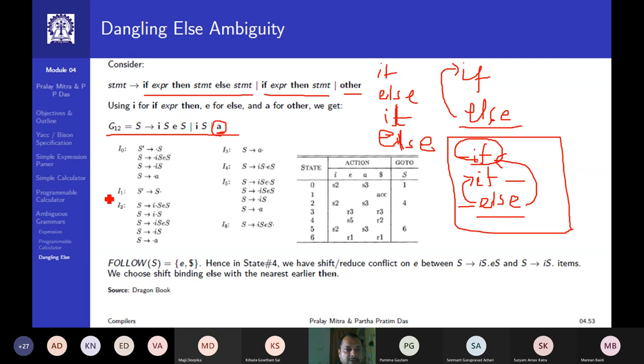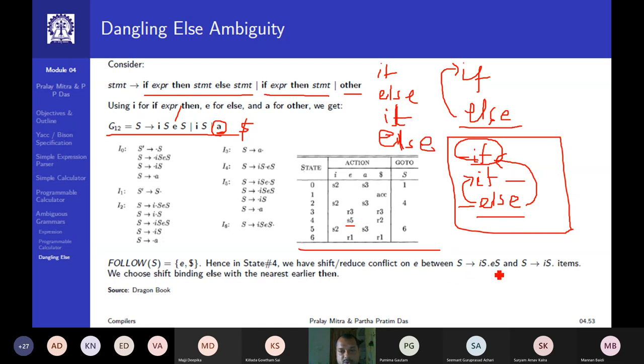Now if I draw the state and the parsing table here, then I will find that e and dollar, the end of the string character, both are in the follow of S. S is the only non-terminal here. Hence, in state 4, we have a shift reduce conflict. So, state 4, shift reduce conflict on e.